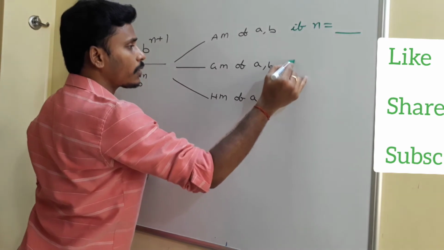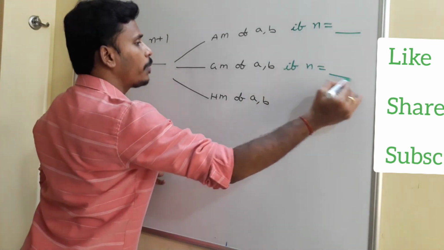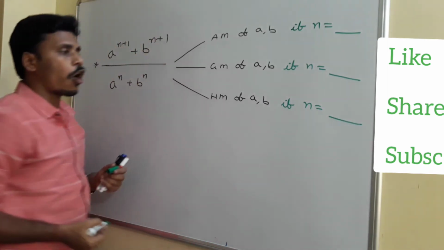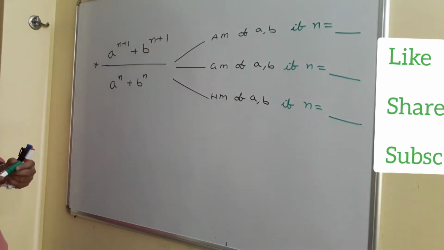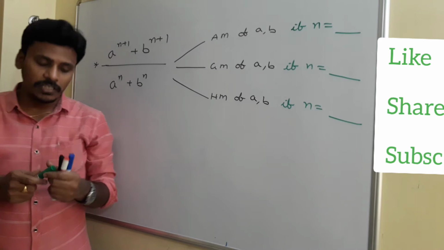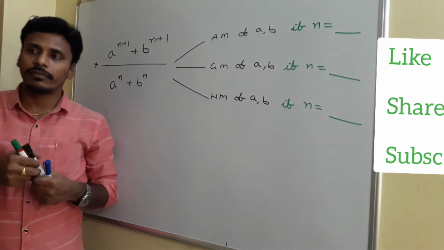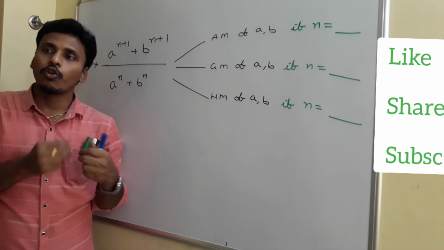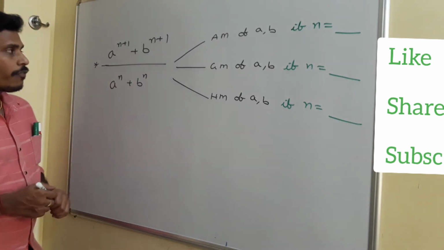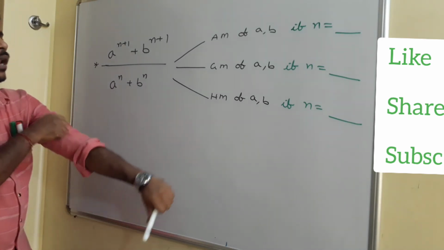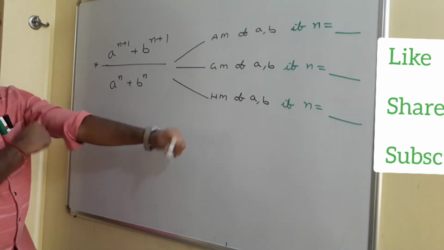For what values of n does it become the geometric mean, and for what values of n does it become the harmonic mean? That's what we need to discuss. As a part of the discussion, it involves a little bit of tactical factorization to find the value of n. First, if it is the arithmetic mean, you need to equate it to A plus B by 2.